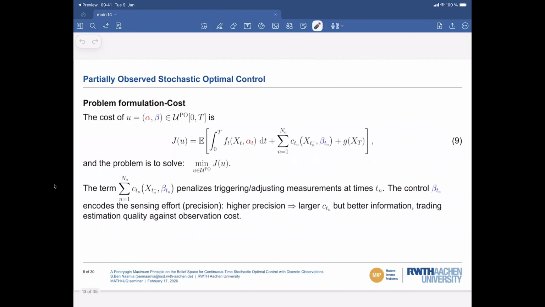Now, the whole point is to minimize some sort of cost or maximize some particular reward. And here we introduce a new control, which is beta, the discrete control that I just mentioned.